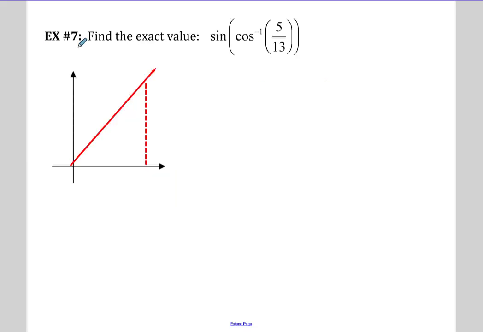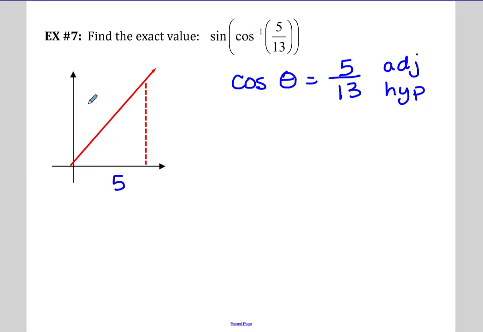Example 7 is just another one, similar to that. We're looking for a picture where the cosine has adjacent over hypotenuse, where adjacent is 5 and hypotenuse is 13. Your job is to find the missing side.